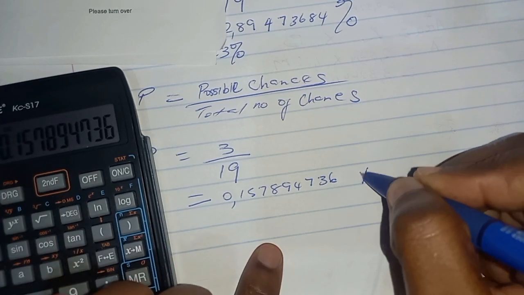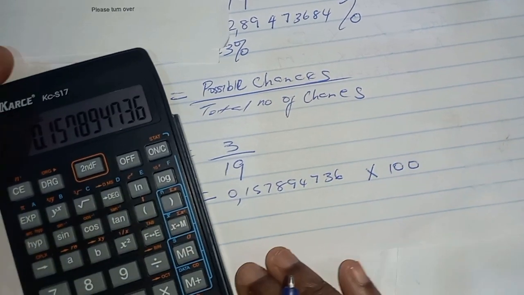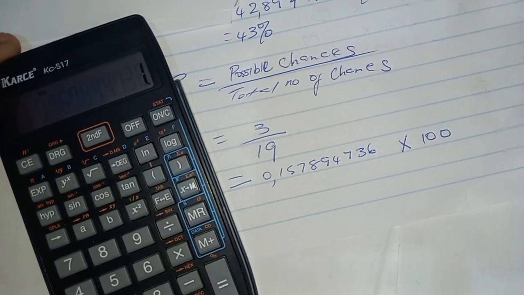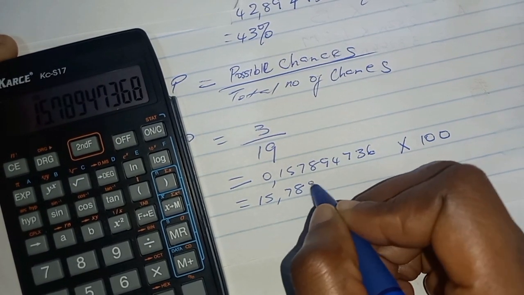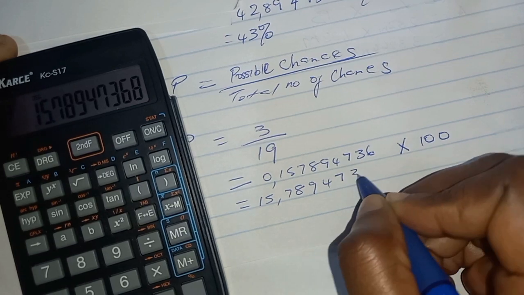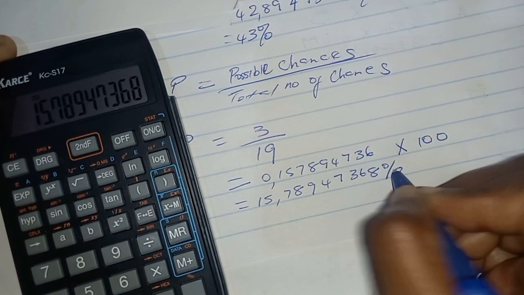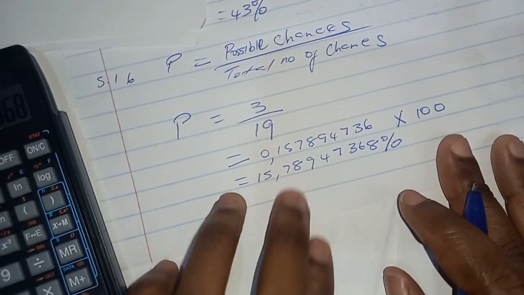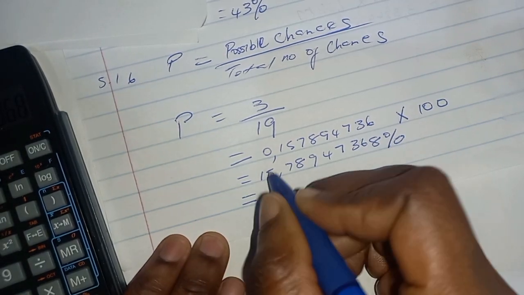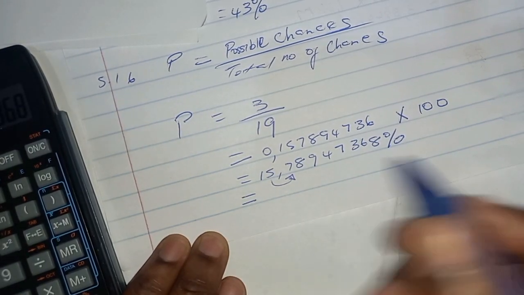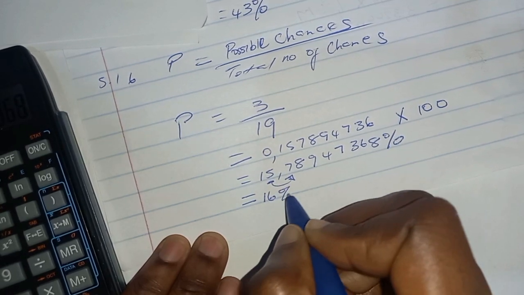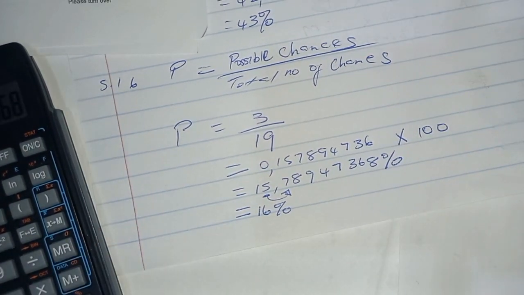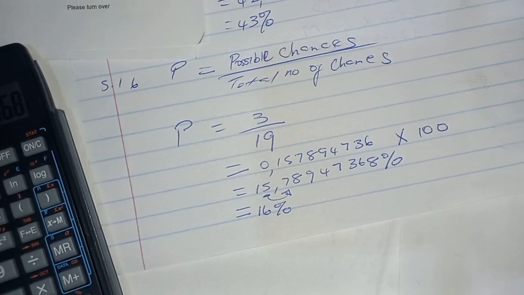And then we're going to multiply this by 100 to get a percentage, which is 15,78947368%, right? Now they said they don't want decimals. So we're going to round off to the whole number, and then that is going to be 16%.